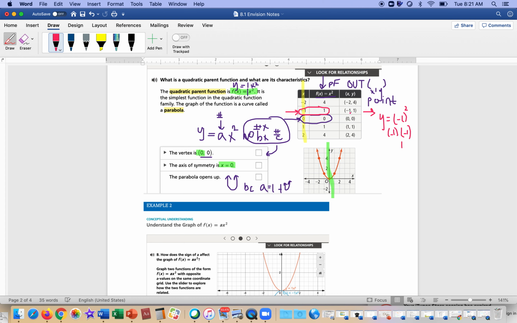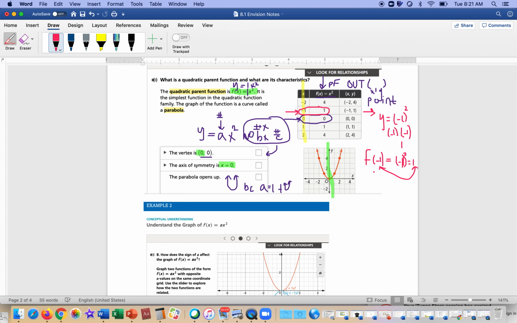So that's why in went -1 for x, out came 1, right? In function notation, we would write it as f of -1, same thing, parentheses, -1 squared, which equals 1.